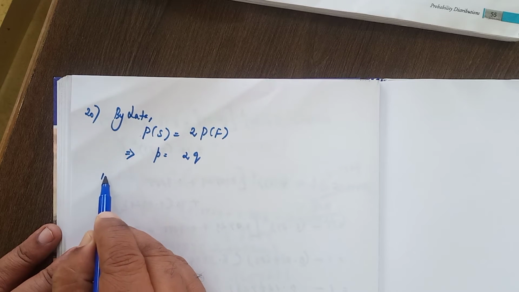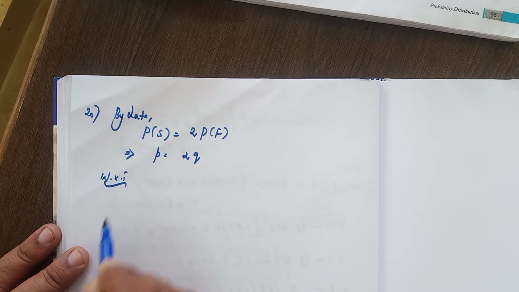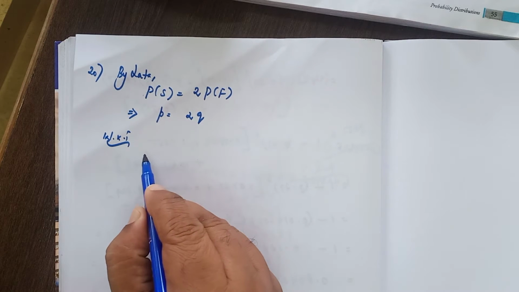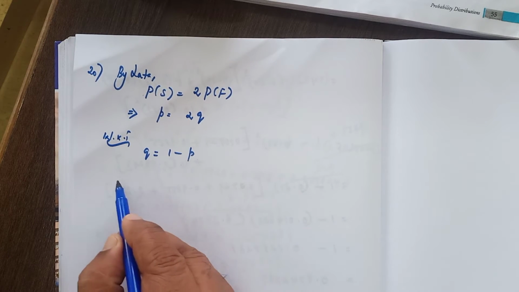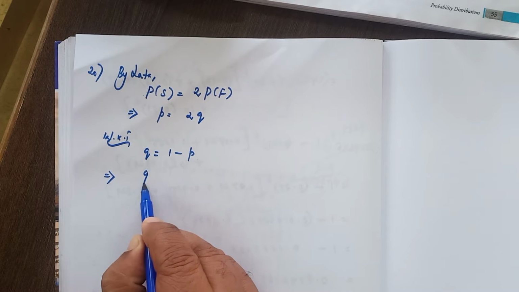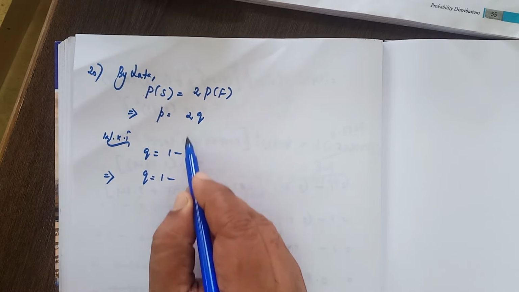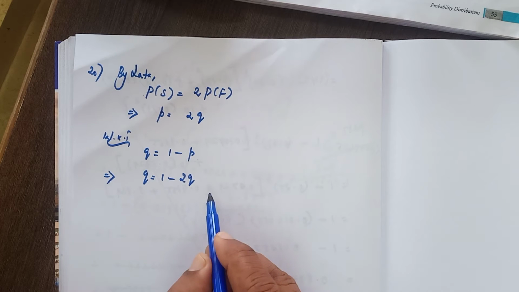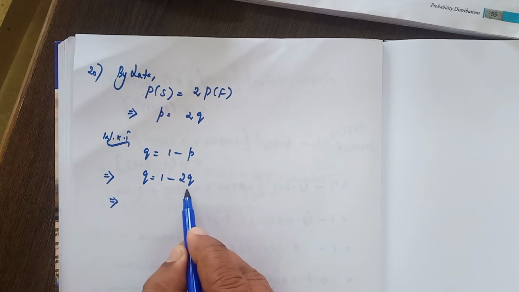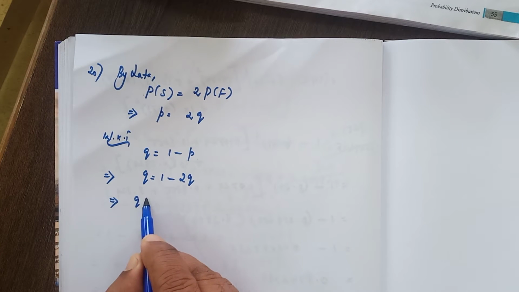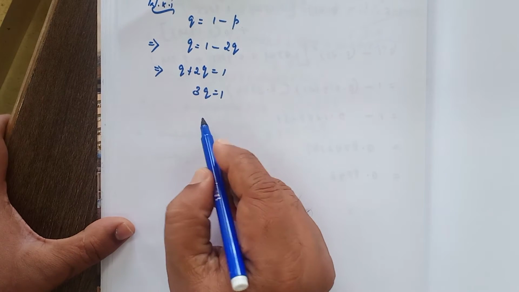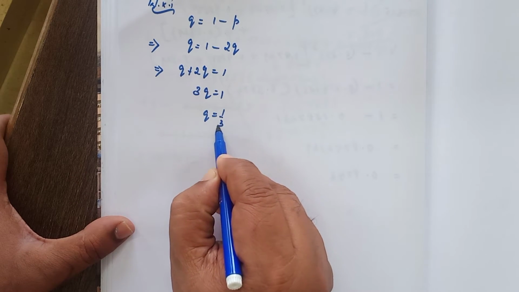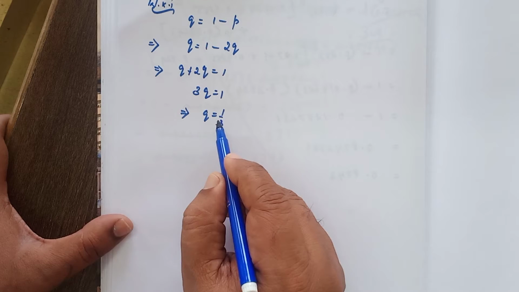Okay, we know that q is equal to 1 minus p, or p is equal to 1 minus q, which implies q is equal to 1 minus this p, which can be replaced by 2q. Which implies minus 2q comes to the left-hand side, plus 2q, therefore q plus 2q is equal to 1, 3q is equal to 1, therefore q is equal to 1 by 3. I got the value of q.